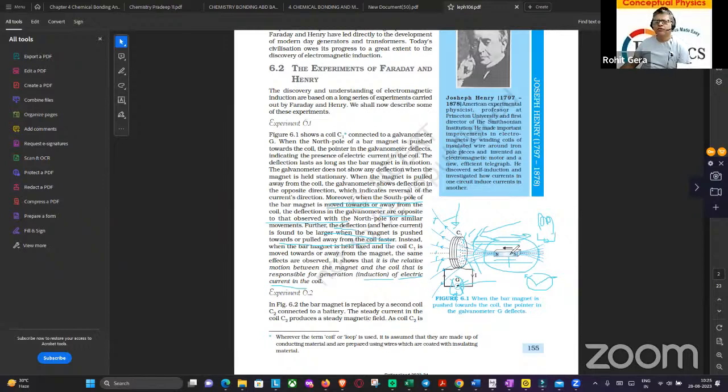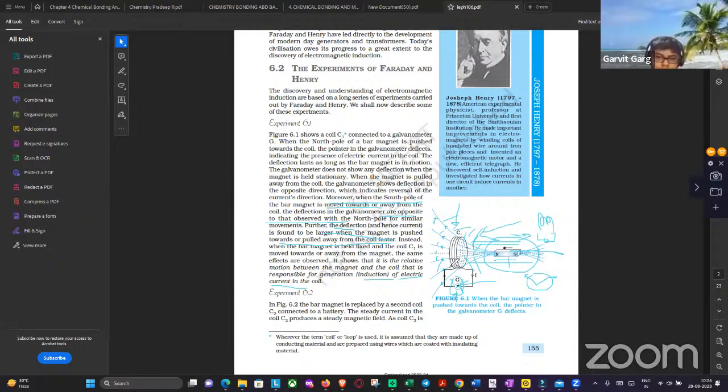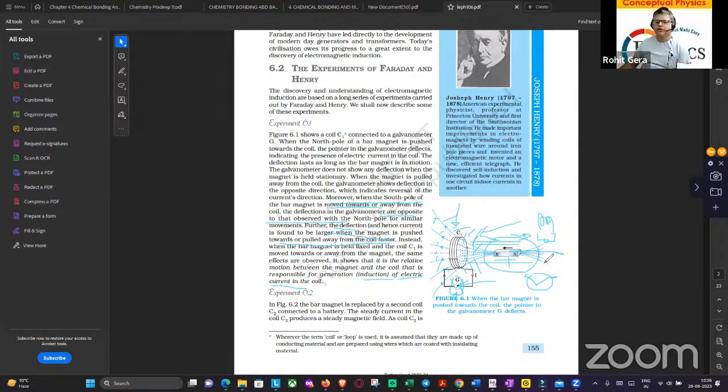If you move it away, the number of field lines which are able to cut through become less. ये क्योंकि ये ऊपर की तरफ चला जाएगा, बाहर निकल जाएगा कॉइल से, और ये वाला में भी, राइट? नीचे वाले ये बिल्कुल बाहर निकल जाएगा अगर दूर ले जाओगे तो, कुछ ही अंदर जाएंगे. तो पहले if you bring it too close, there are 5 field lines which are passing. If you bring it too far, maybe just one passes.